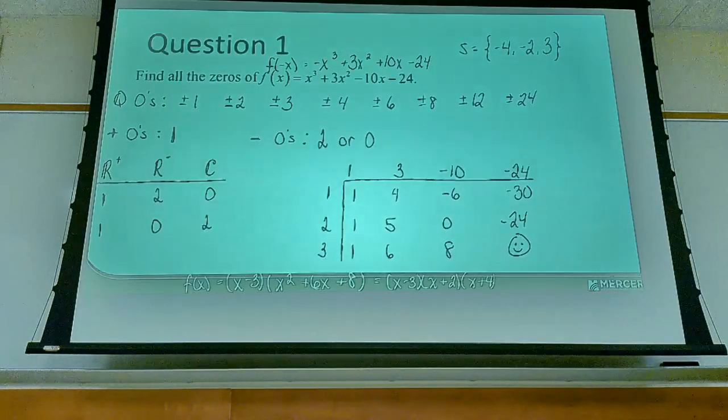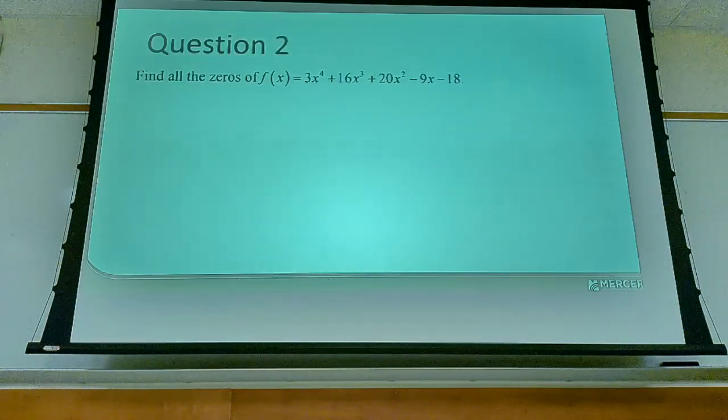We have some more, so let's see if it helps click. Factors of 18: 1, 2, 3, 6, 9, 18.